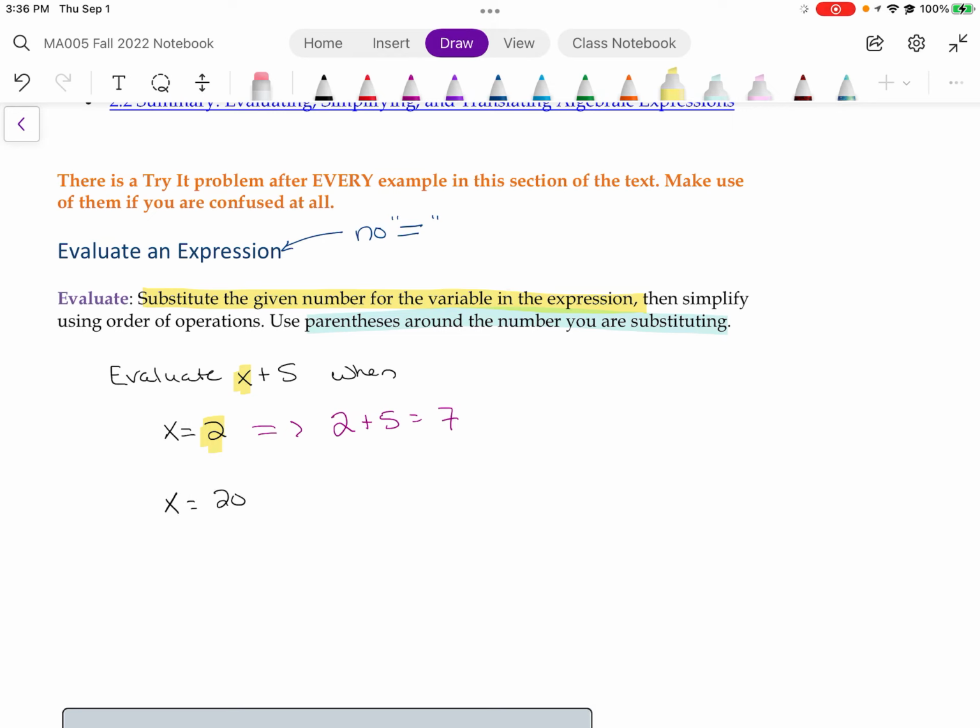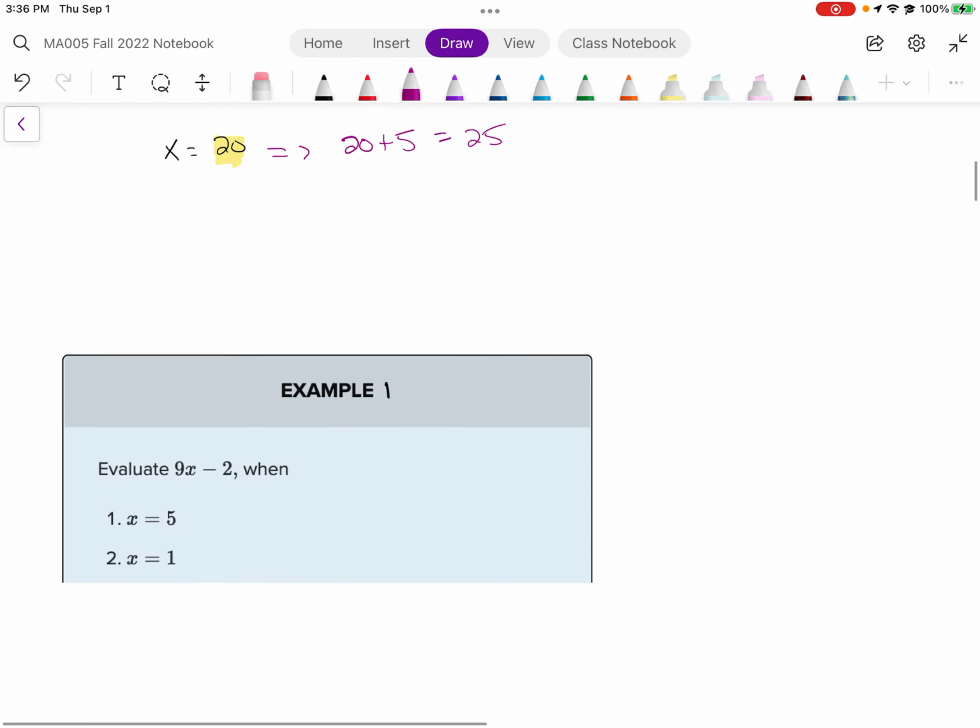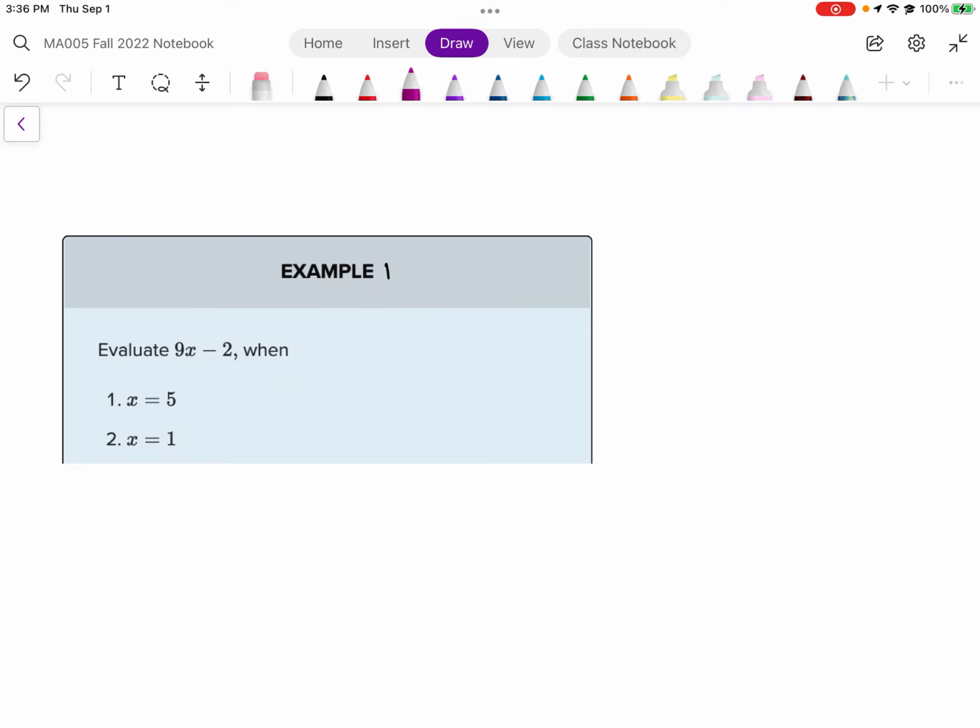We're putting 20 in for the x, so 20 plus 5 equals 25. So we're evaluating for different values of x, and that's part of the focus of this section. So pause the video and give these two a try.